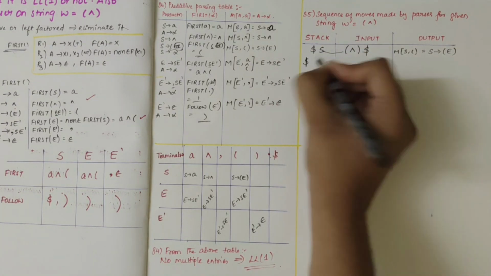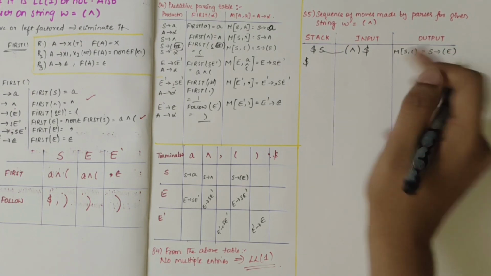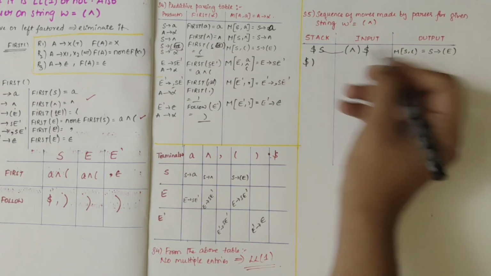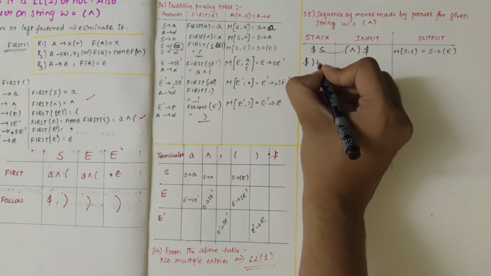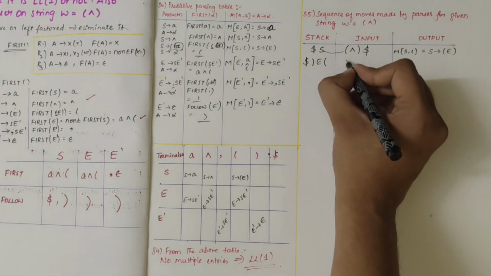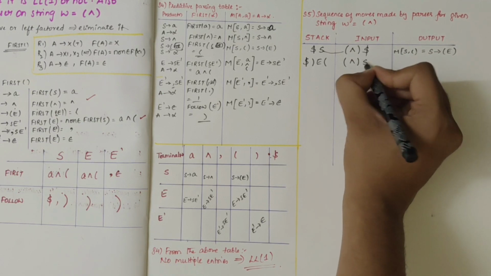So I would write open bracket, then E, and then close bracket. Now the input is open bracket exponential close bracket and dollar.